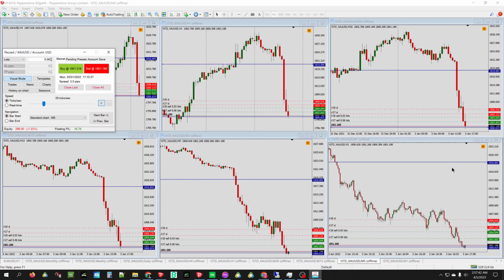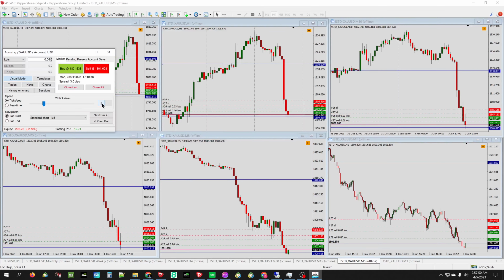In M30, there is probability we can push down. In H1 there is also a probability we can push down, so we will just stick to those higher time frames. And now the question becomes, should I manage my stop losses based on a higher time frame, or should I manage my risk based on the M5 time frame?